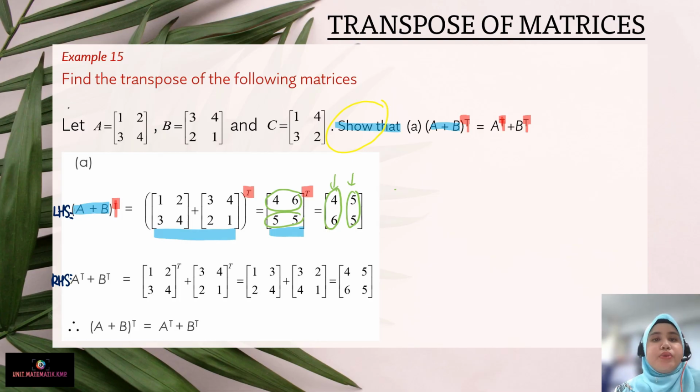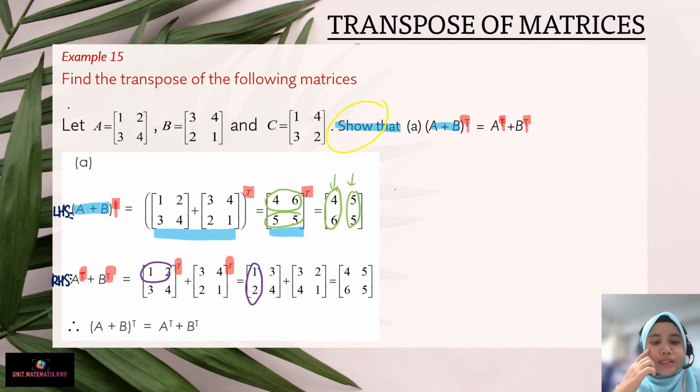Next, we go to our right hand side. For the right hand side, we need to find A transpose plus B transpose. That means you need to transpose individually. We transpose 1, 2 to be like this, and the same goes to 3, 4.